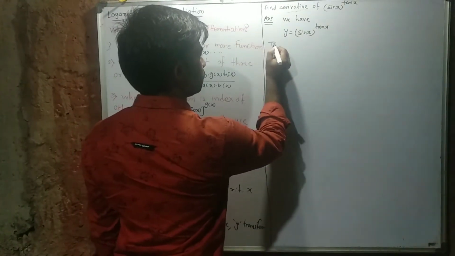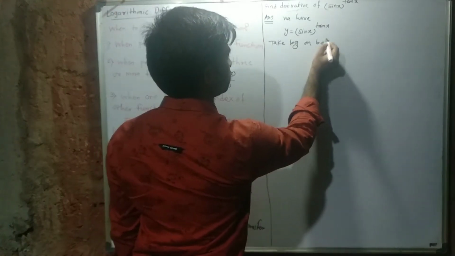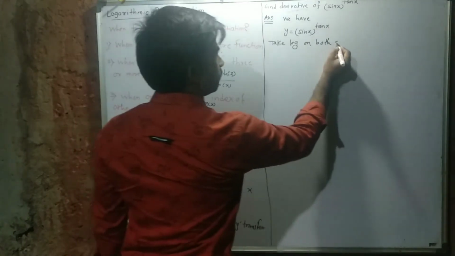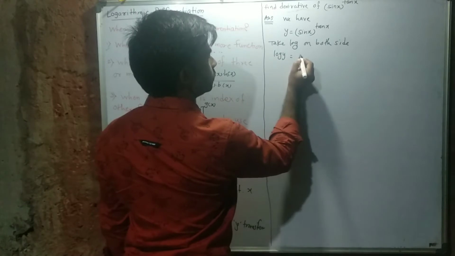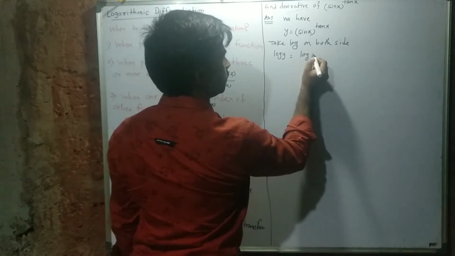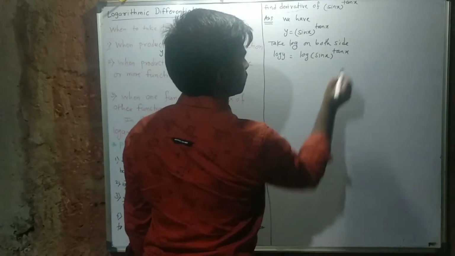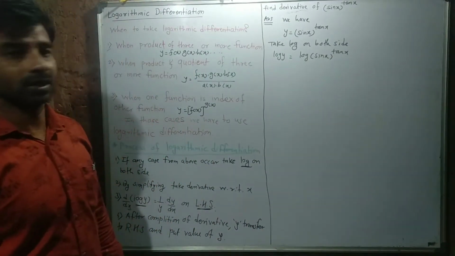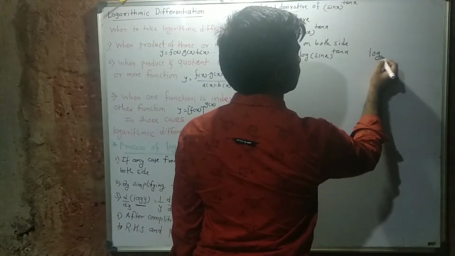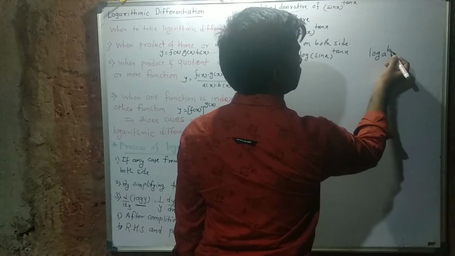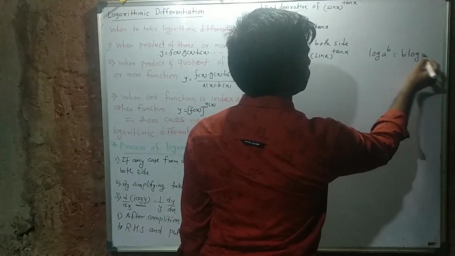Here take log on both sides, and you will get log y is equal to log of sin x raised to tan x. We know the formula for log a raised to b: this b is multiplied with the log, therefore b into log a.